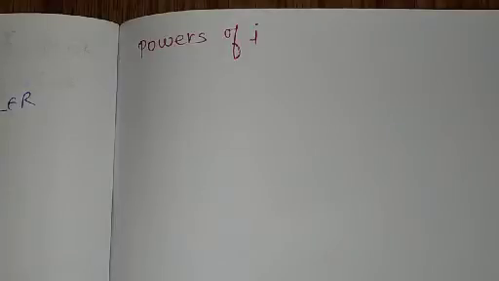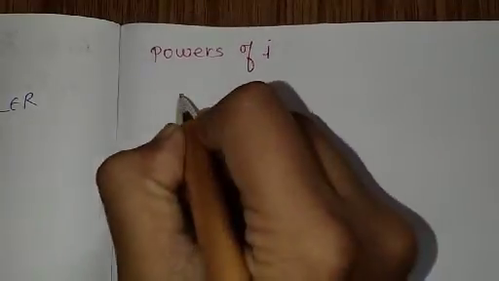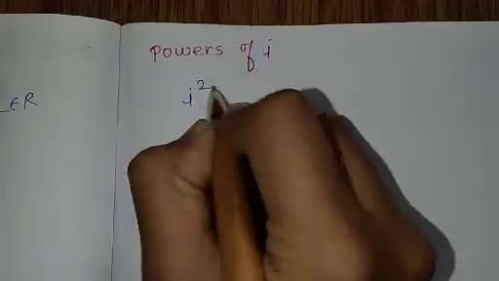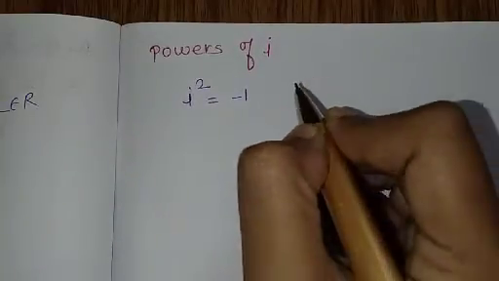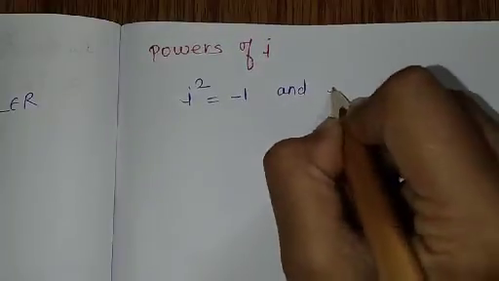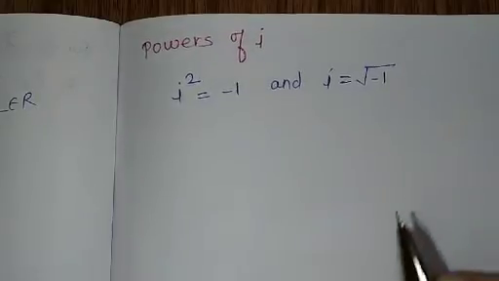Now our next concept is powers of iota. In powers of iota, we know that the value of iota square is nothing but minus 1, and iota is equal to square root of minus 1.